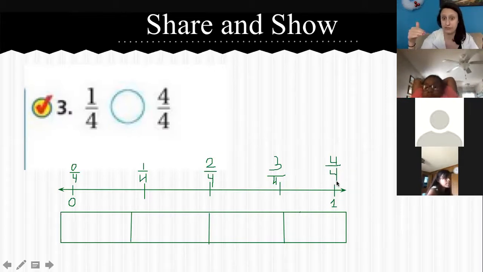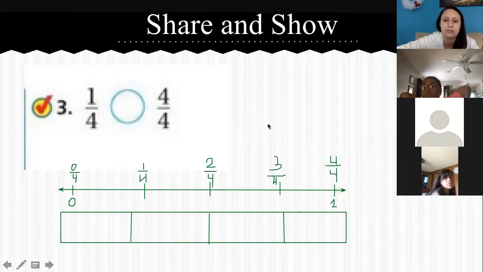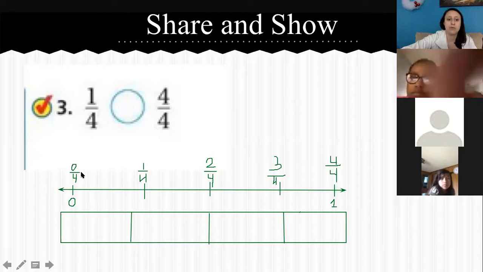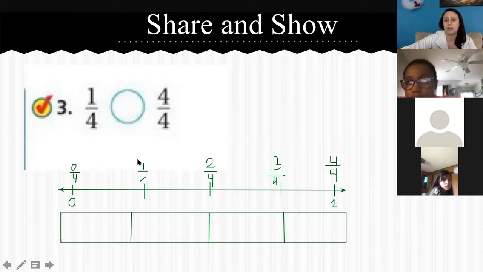So let's look at this really quick. Let's put dots for where is 1/4 on my number line. Is this 1 out of 4? No. Is this 1 out of 4? Yes. So I'm going to put a dot right there.